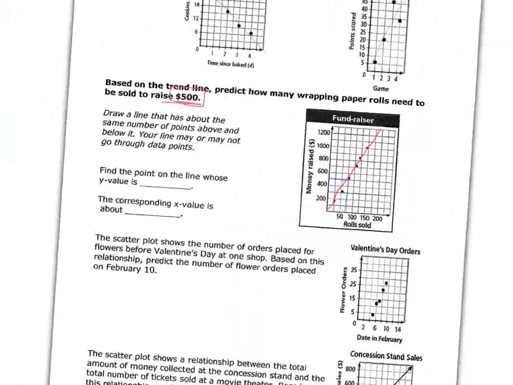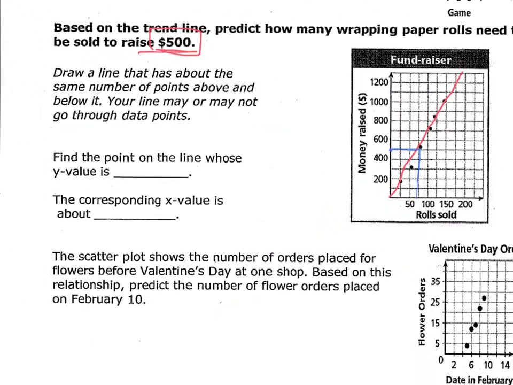So on our blanks here, it says find the value on the line whose y value, remember, y is your y to the sky. So you have 500 here, and if you find the corresponding point on the x-axis, you're going to have 75 rolls. You're going to use scatter plots to predict a lot of different things this unit, so you need to know how to draw a trend line.